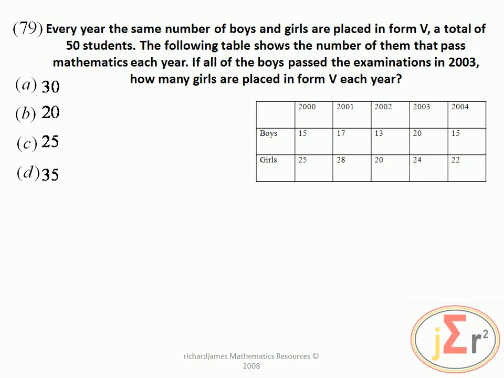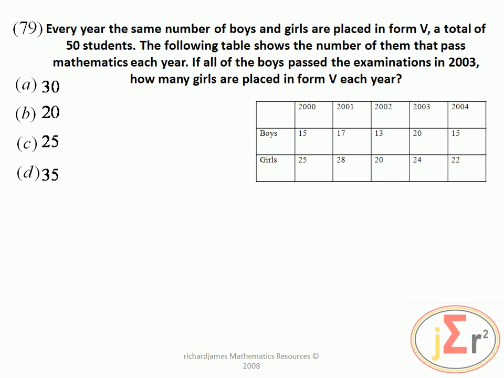Also, the number of girls in the class in 2000 will be exactly equal to the number of girls in 2001 and will be equal to the number of girls in 2002. Right? So, in every year, the total number of boys will be the same and the number of girls in the class will be the same.